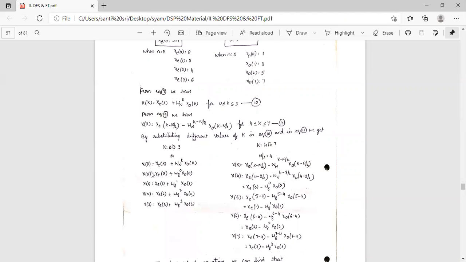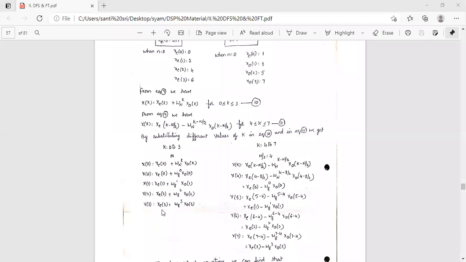Right? So we will substitute these values in equations 10 and 11. We will get the expressions like this: X of 0 is equal to Xe of 0 plus W8 power 0 into Xo of 0. Similarly, X of 1 equal to Xe of 1 plus W8 power 1 into Xo of 1. Similarly, X of 2 equal to Xe of 2 plus W8 power 2 into Xo of 2.